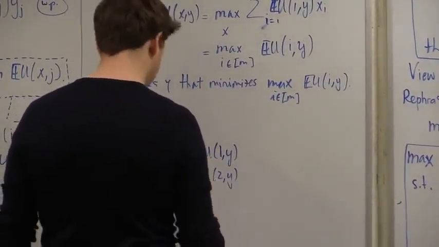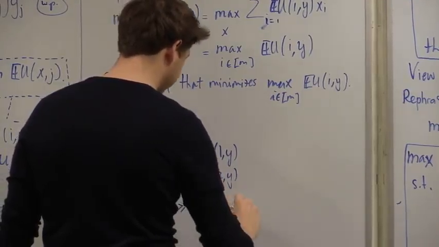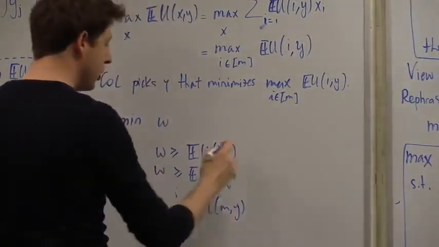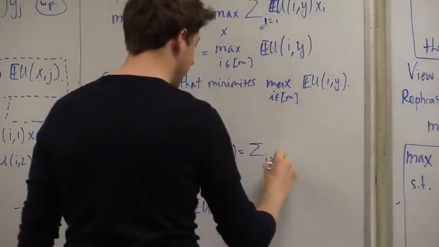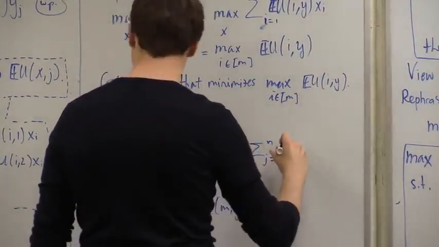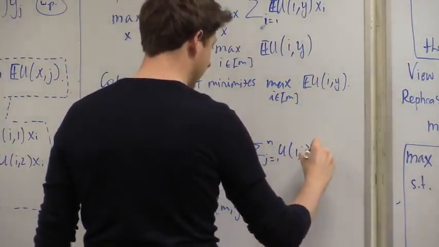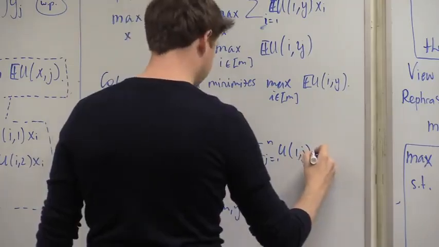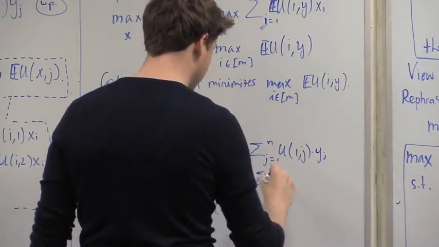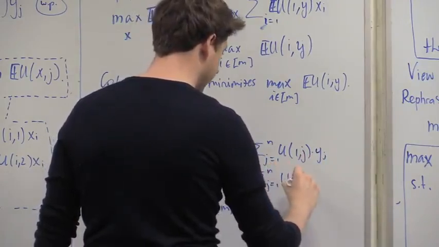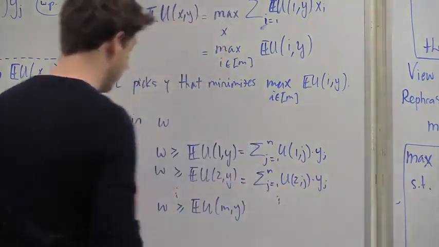I have m such equations. And each of these is a linear equation in the y's, right? Because this is the sum from j equals 1 to n of u1j times yj. This, for example, is the sum from j equals 1 to n of u2j yj, and so on and so forth.